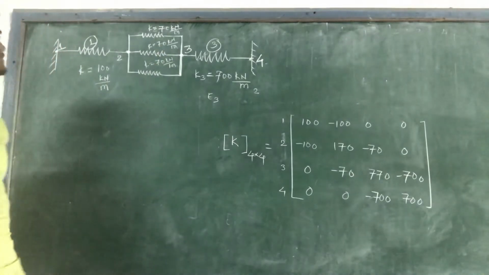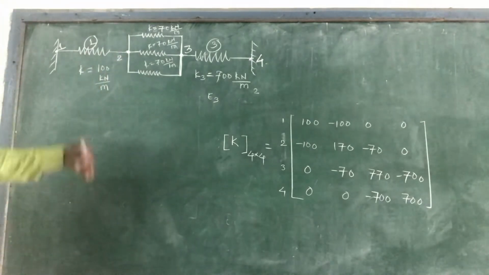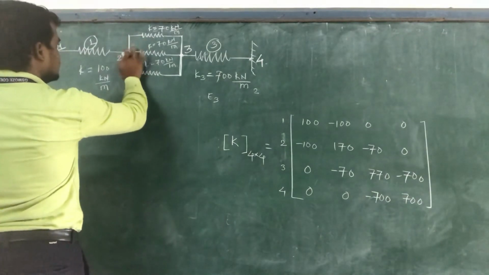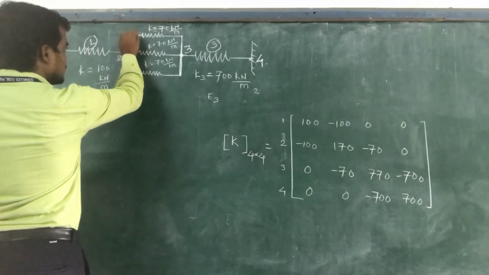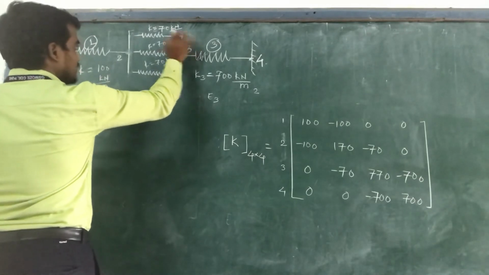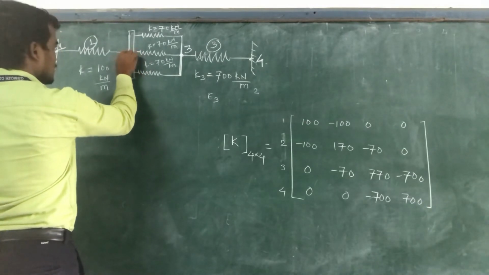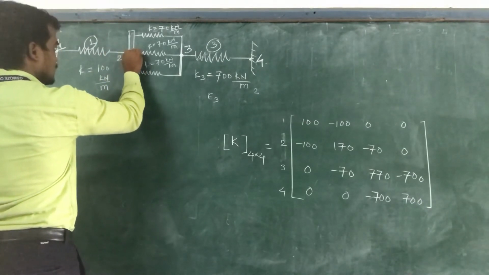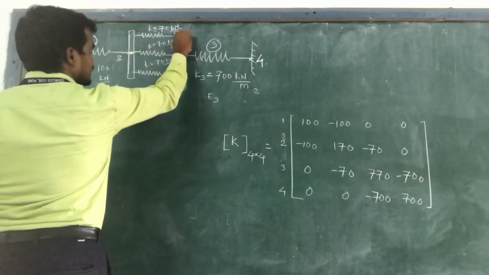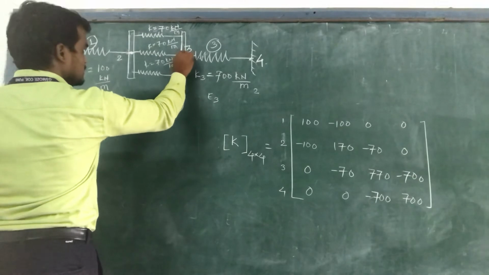And you are asked to find out the global stiffness matrix for this spring system shown in the figure. This is what the spring system looks like.